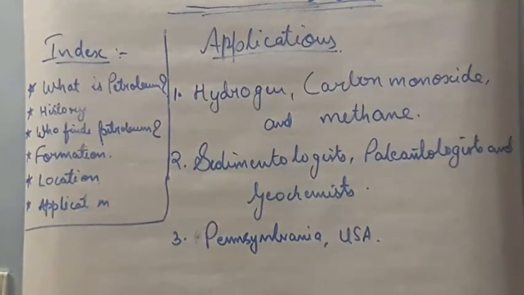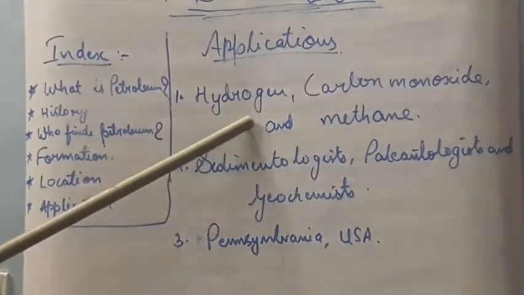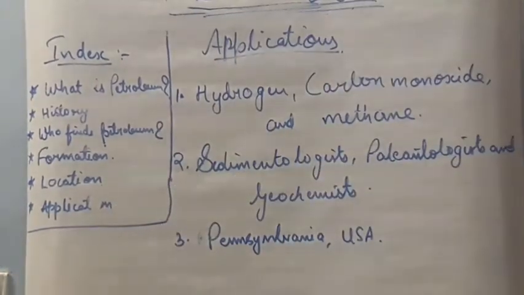Students, I hope you have all done the work. Let's check the answers. First question: what are the gases that coal gas constitutes? The gases were hydrogen, carbon monoxide and methane. Your second question was, who finds petroleum?